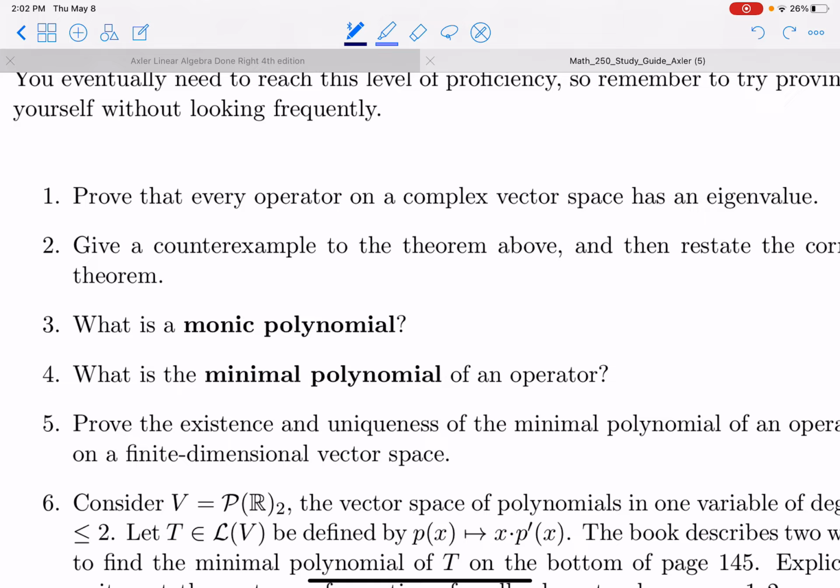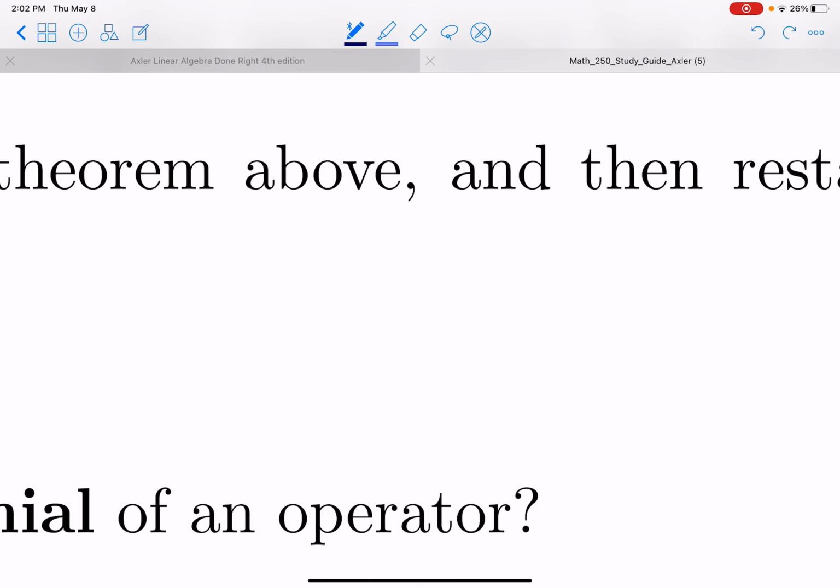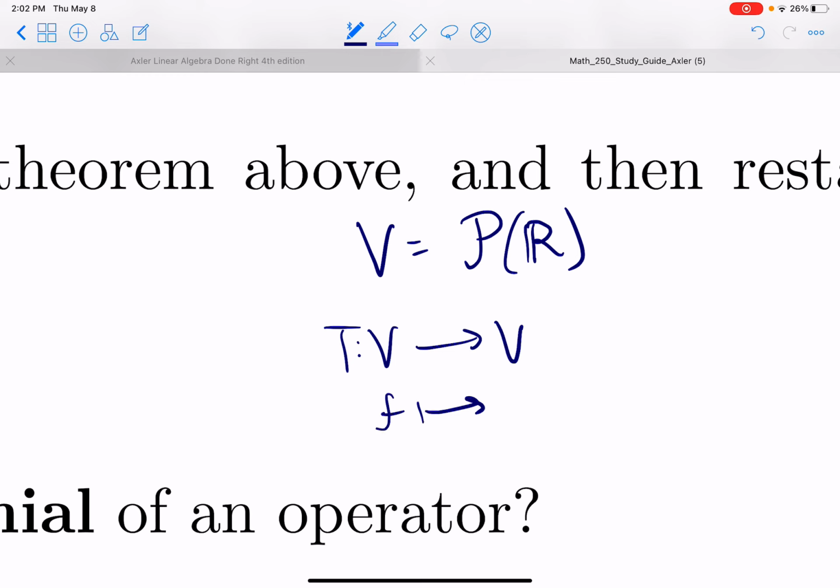Give a counterexample: multiplication by x. Let V be the infinite dimensional space of all polynomials, and let T from V to V take a polynomial and multiply it by x. So f of x goes to x times f of x. That's a linear map on this infinite dimensional space, and it has no eigenvalue because it has no eigenvector.